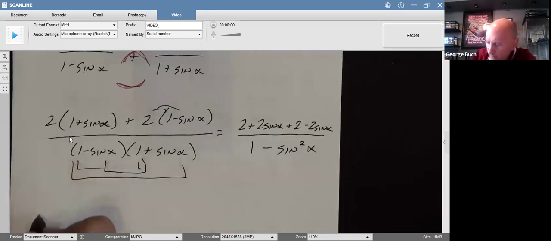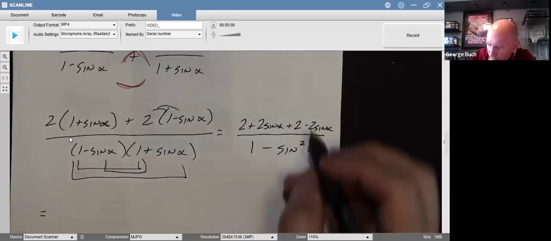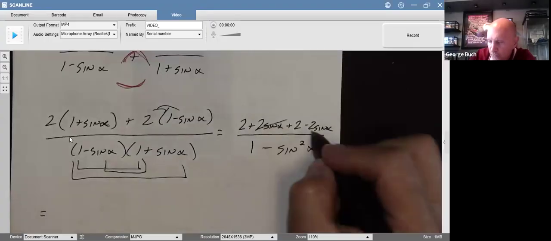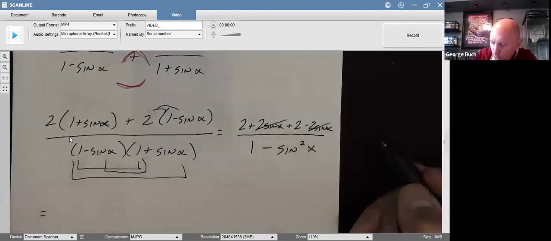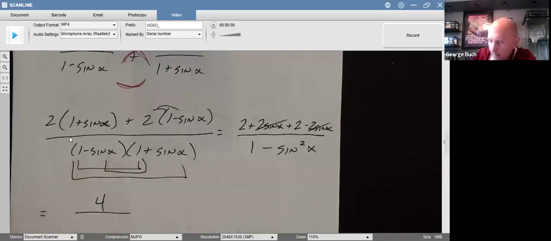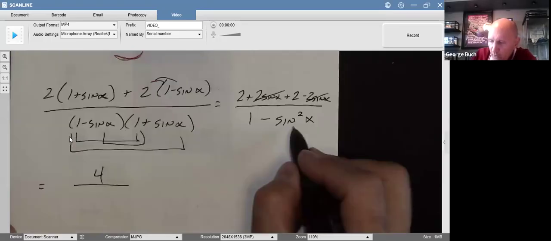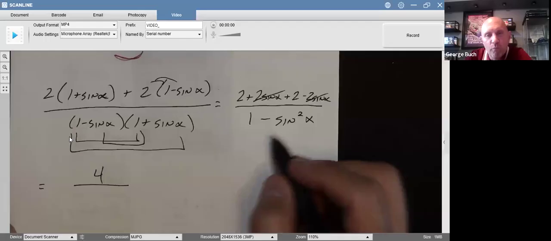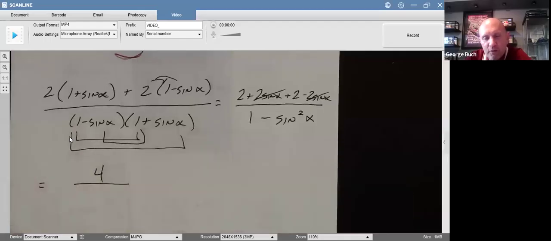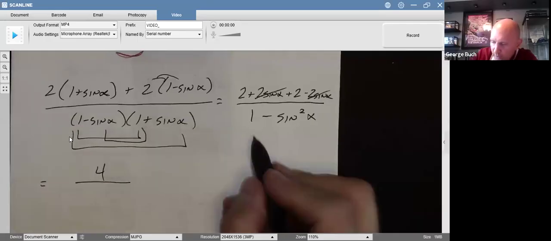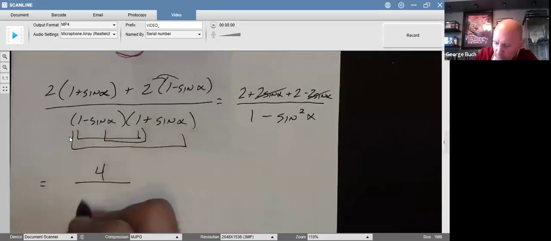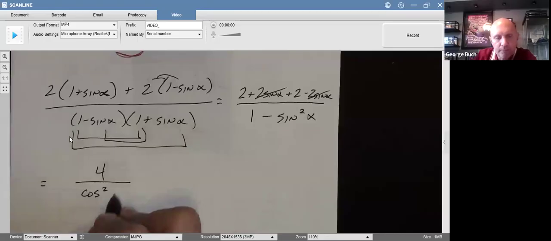So let's simplify. Well, in the top here, the 2 sine of alpha cancels with minus 2 sine of alpha. So I just have 4. And then down below here, we're going to ask our question, right? Can I substitute? Can I factor? Can I cancel? Well, I can substitute. 1 minus sine squared is cosine squared of alpha.